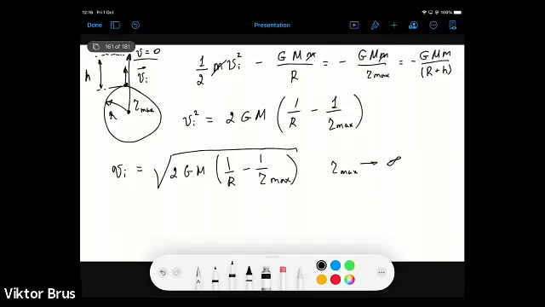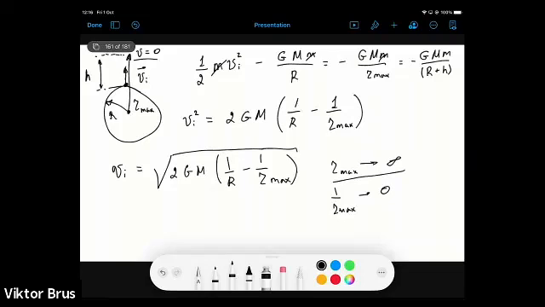So it should just go away from the planet to some infinite distance. In that case, if the maximum distance is approaching infinity, then 1 over R maximum will approach 0.